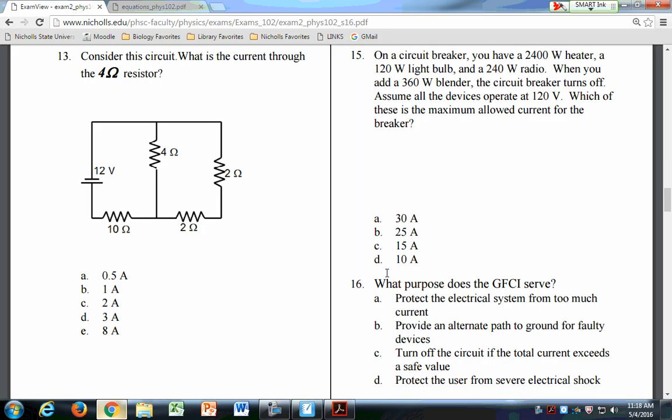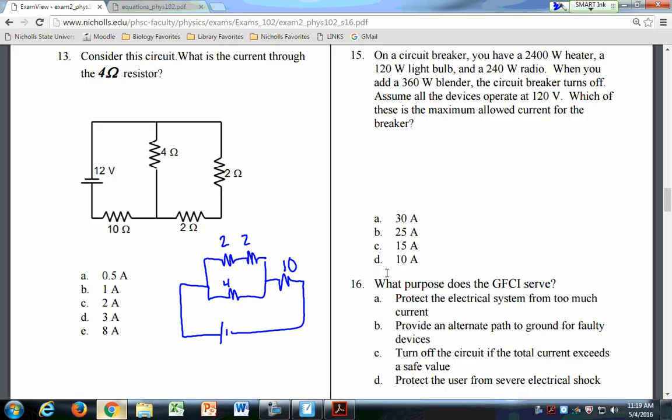Okay, so what is the current through the 4 ohm resistor? Yeah, this circuit looks funky, but if you draw it a little bit differently, like if I have my battery here, these two circuits are the same. I have a 2, a 4, and a 10.